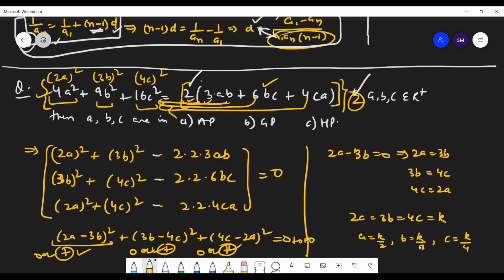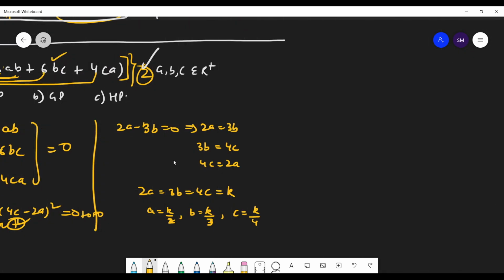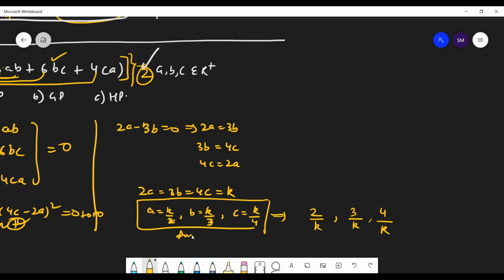So now what do you say about them? So they are in harmonic progression. If you don't understand them, let's do the reciprocal: 2 by k, 3 by k, 4 by k. See, this is the answer I am getting, right?